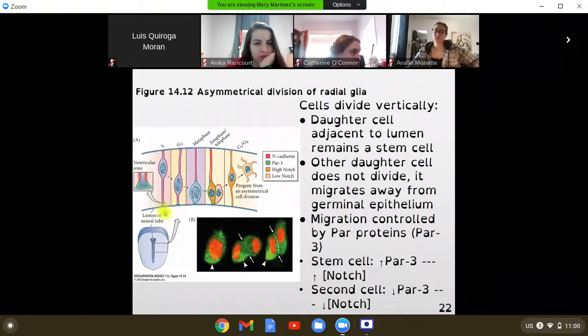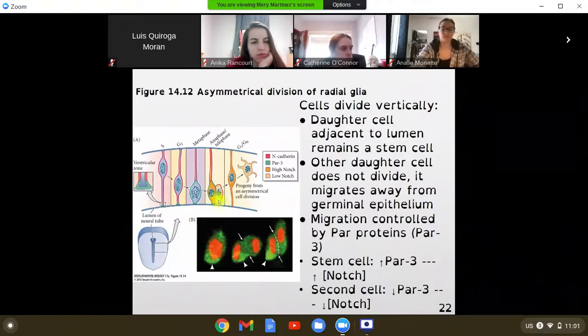In the ventricular zone, closest to the lumen, we see a high proportion of Par3. And as they divide, still at the lumen, one of the cells we can see here is going to have a high concentration of Notch, and the daughter cells have low concentrations of Notch.